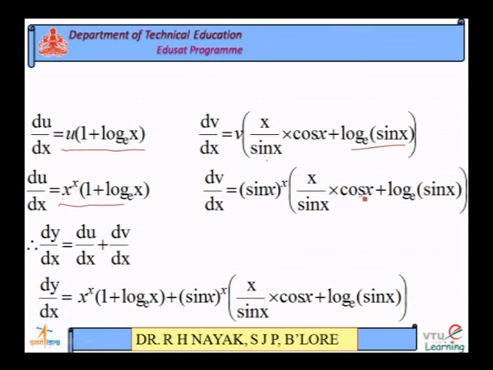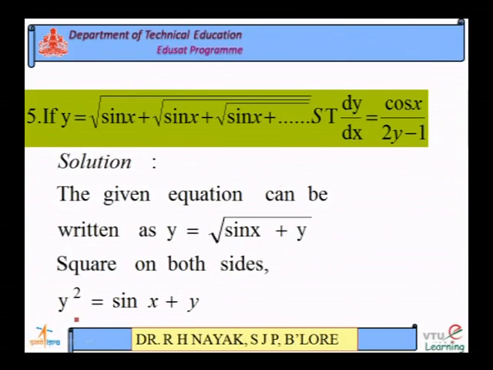So, we have taken dy by dx is equal to what? du by dx plus dv by dx. You substitute the du by dx value and dv by dx value, that will be the differentiation of function to the power of function plus or minus differentiation of function to the power of function.